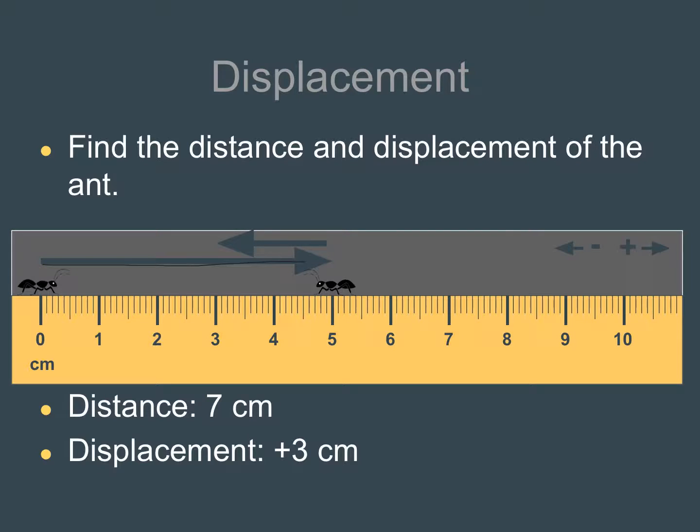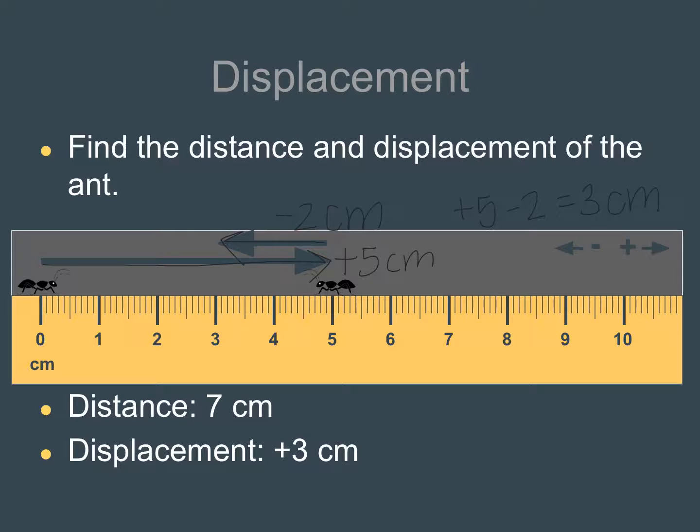Him walking this way is a positive 5 centimeters. When he walks back this way, he goes negative 2 centimeters. So if you add up a positive 5 and a negative 2, you get 3 centimeters.